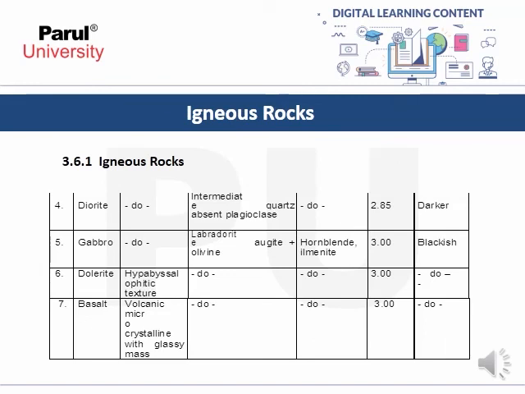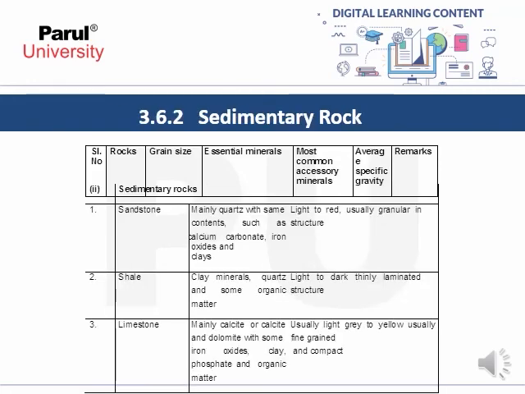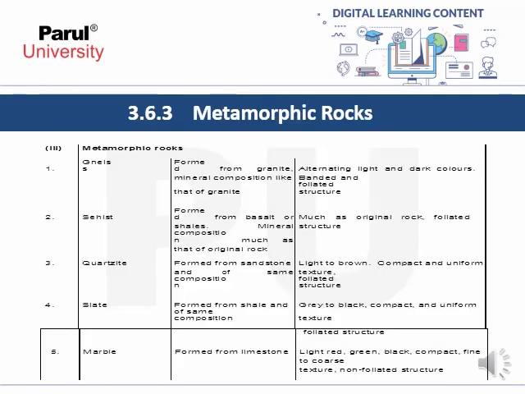Then igneous rocks: the examples are diorite, gabbro, dolerite and basalt. Then sedimentary: sandstone, shale and limestone. Then metamorphic: the examples are gneiss, schist, quartzite, slate and marble.